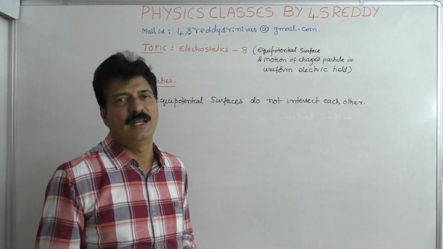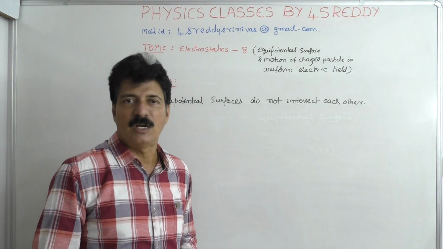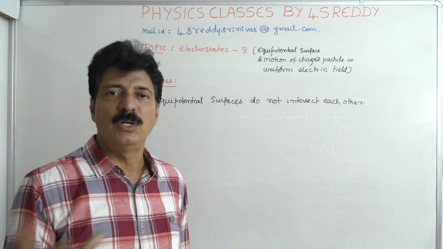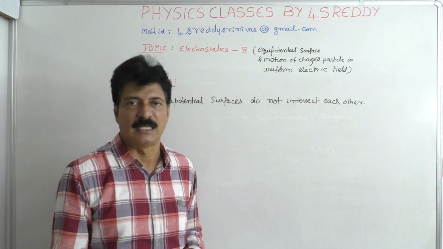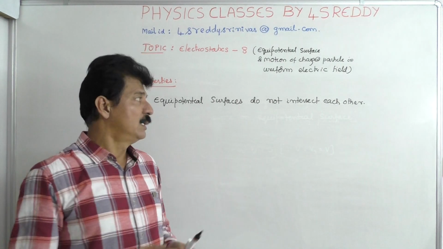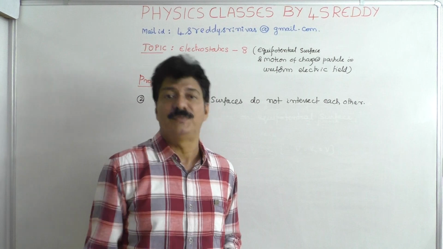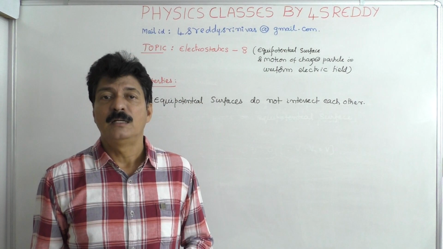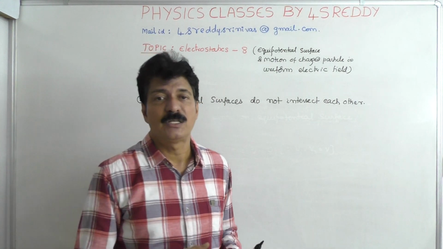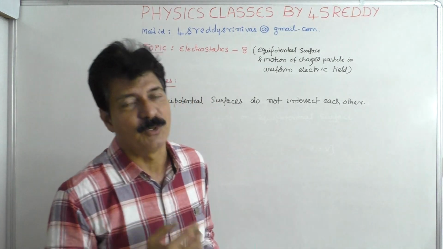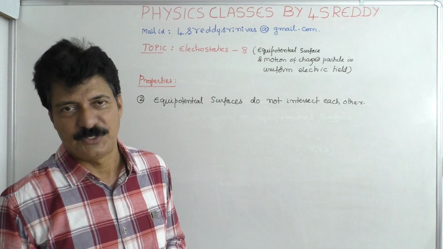It's similar to electric lines of force. Already we discussed, no two lines of force will intersect each other. Similarly here also, equipotential surfaces do not intersect each other. Suppose they intersect, then at the point of intersection it must have two values of potential, which is impossible.